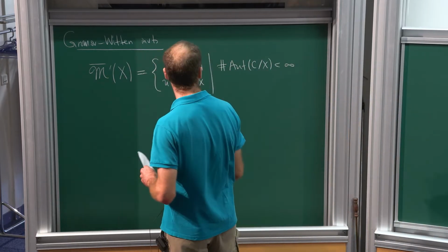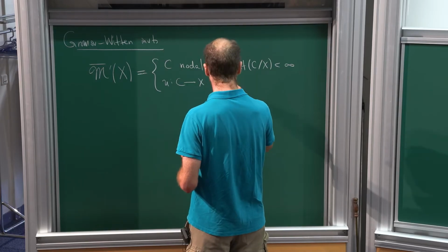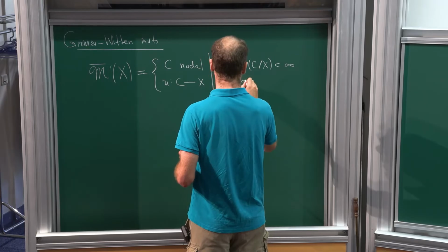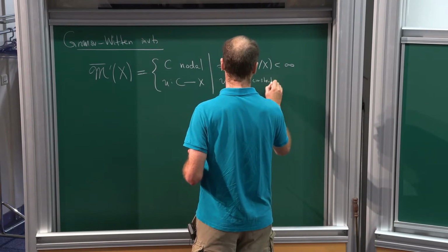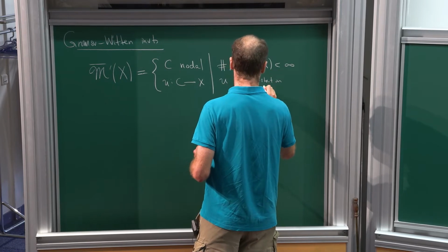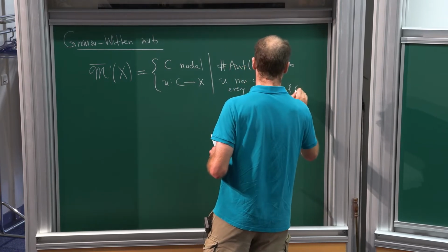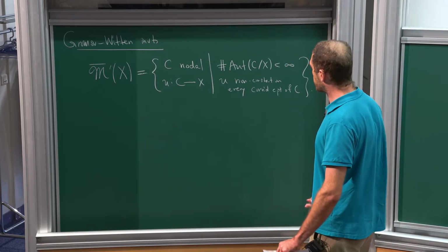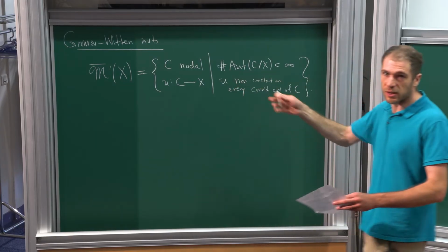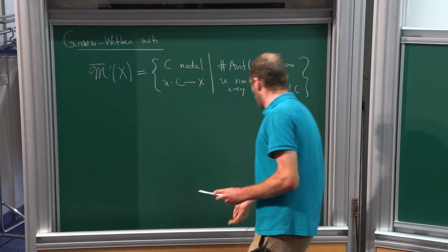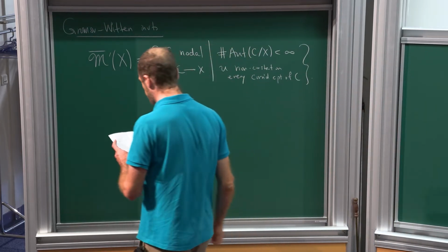And the prime means that I want to restrict to the setting that u is non-constant on every connected component of C. That's not really necessary. You could remove that and get equivalent invariants, but it's convenient to write down the generating functions that are going to be relevant.